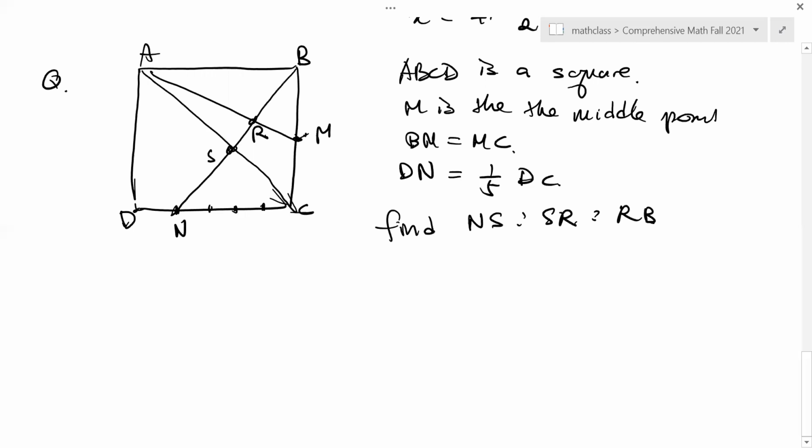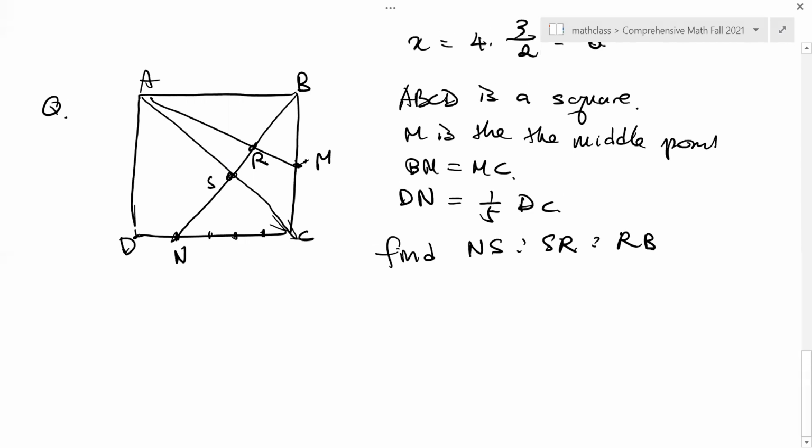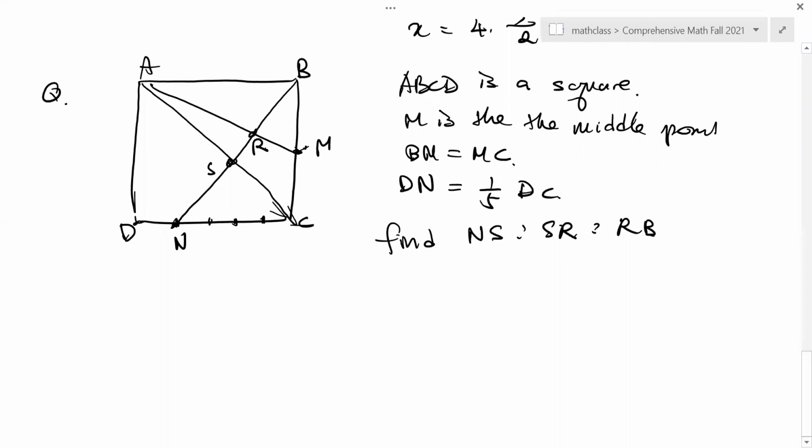Now, how do you solve this problem? I think it's uniquely determined, because M, the middle point, is uniquely determined, and N is uniquely determined, so the line BN is fixed. But then I know there's the intersection point. You have to use some kind of similarity.